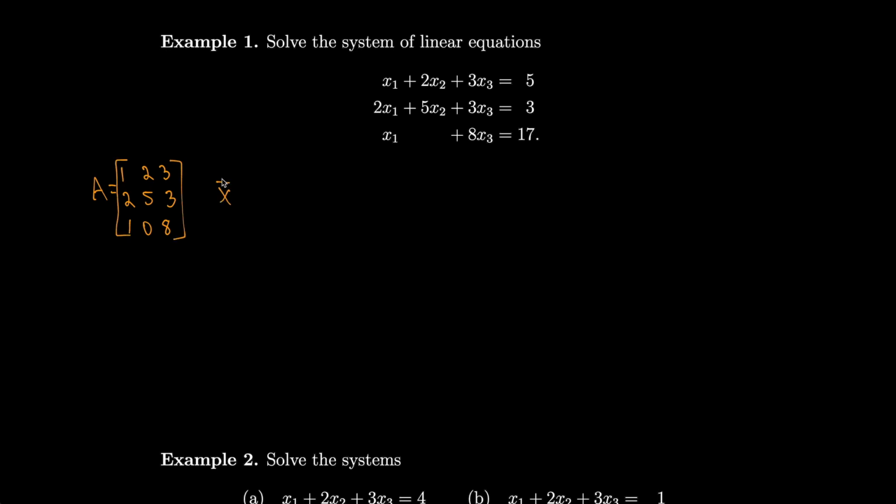We'll write X as our solution matrix, or n by 1 matrix, or 3 by 1 in this case, x1, x2, x3. And we'll write our b as what this thing equals. It's 5, 3, 17.